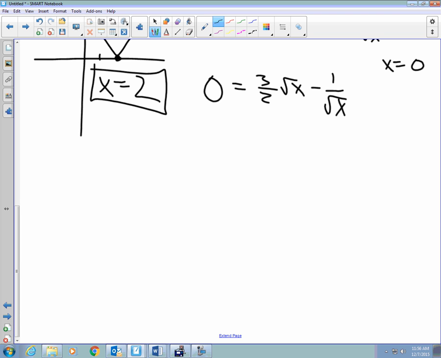And if you do that, you get 0 is equal to 3x over 2 roots of x, right? And then to get common denominators, I'll multiply top and bottom here by 2.